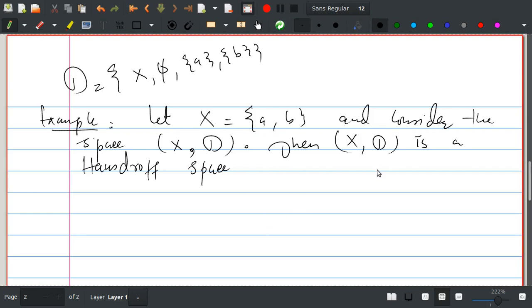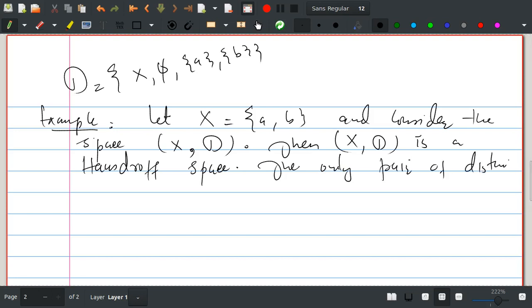Now the only two distinct points in X are A and B. So if we are able to separate these 2 points by 2 disjoint open sets, then X will be a Hausdorff space.